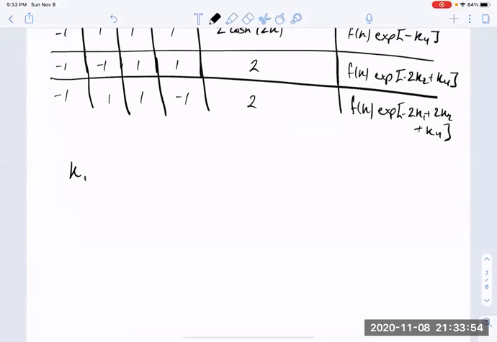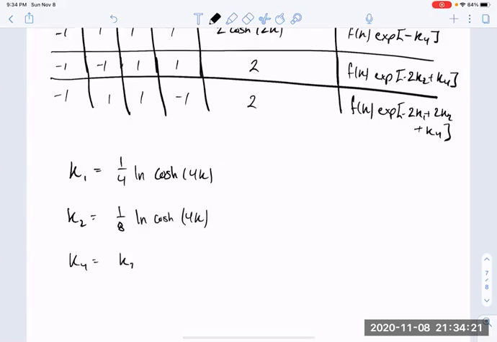And drum roll, if I solve those for k1, I will get 1/4 times the log of hyperbolic cosine of 4k. The solution for k2 is 1/8 log hyperbolic cosine of 4k. k4 is k2 less 1/2 log hyperbolic cosine of 2k.